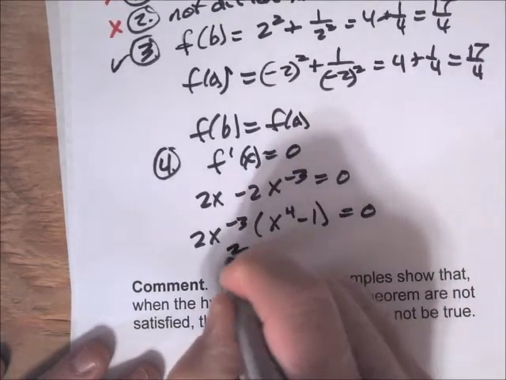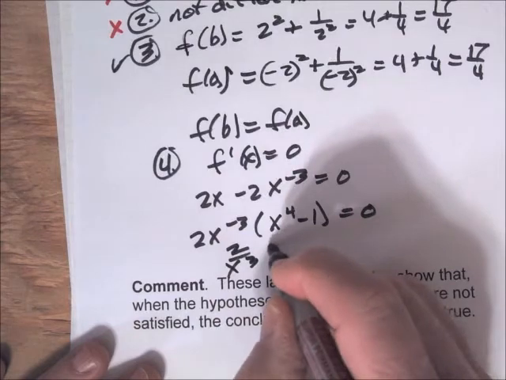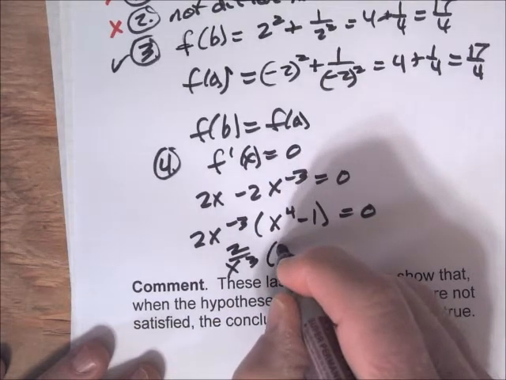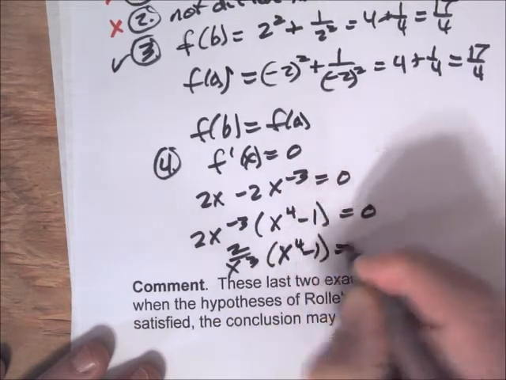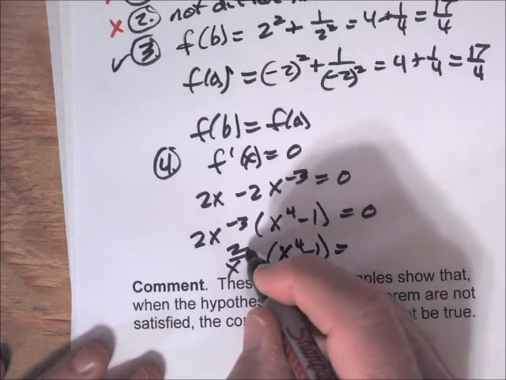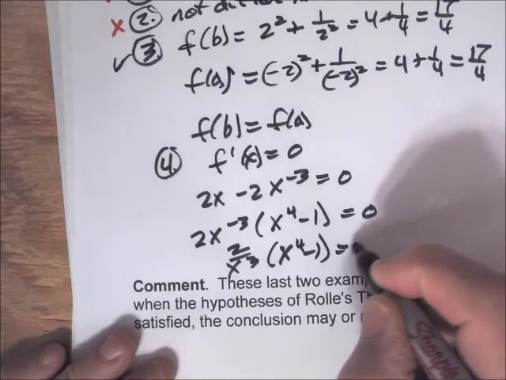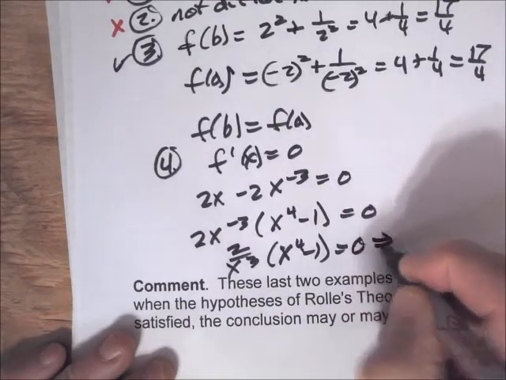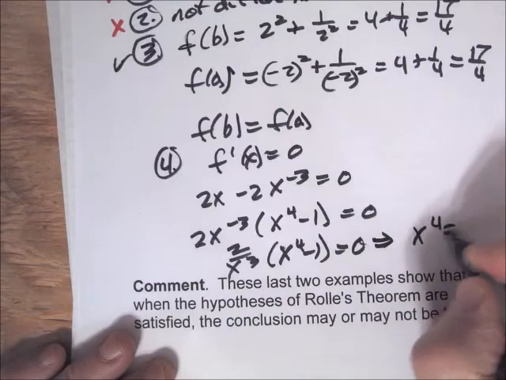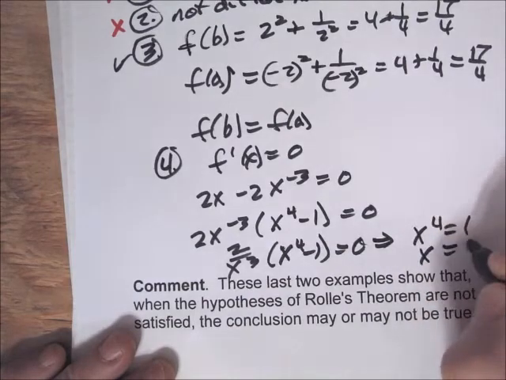So it's 2 over x cubed times x to the 4th minus 1. This first factor cannot be 0, but the second factor could be. If x to the 4th is equal to 1, that means x equals plus or minus 1.